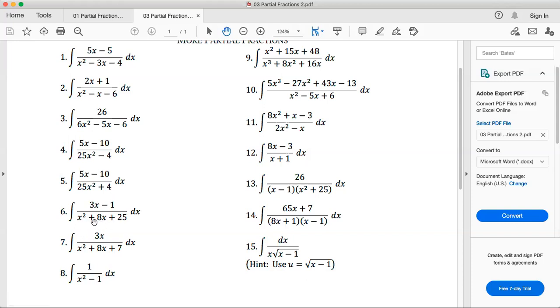So b squared minus 4ac is 64 minus 100, and that's negative. Number 6 is just like the problem we just did, and you've got the answer to it. 7 is partial fractions because the bottom factors. So these are problems worth looking at.